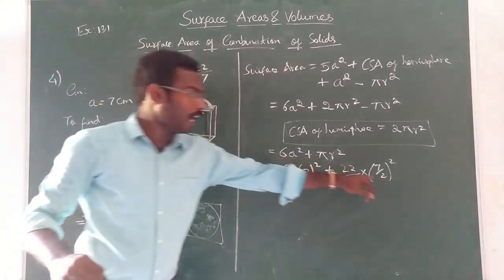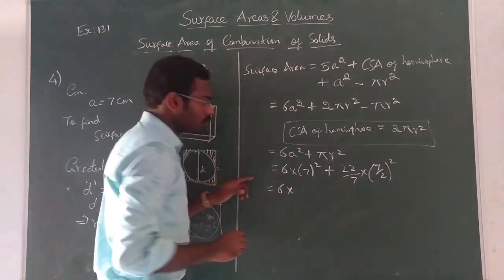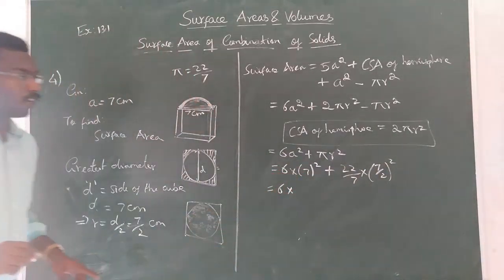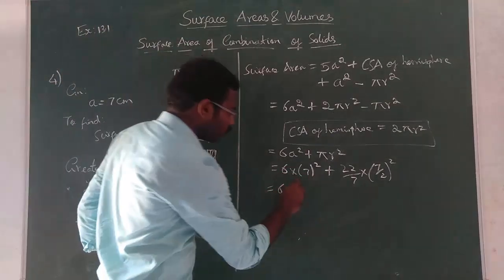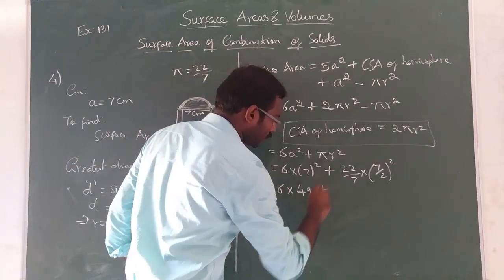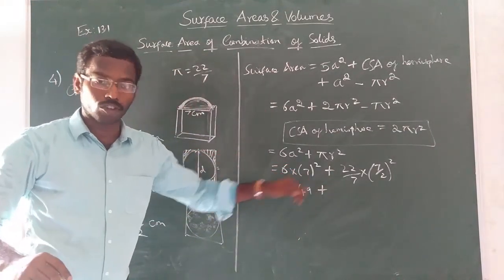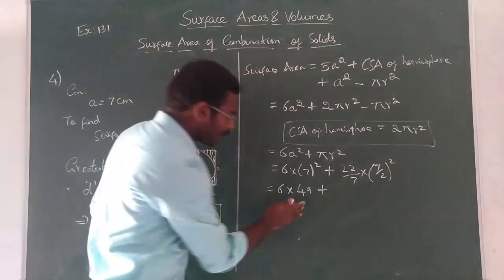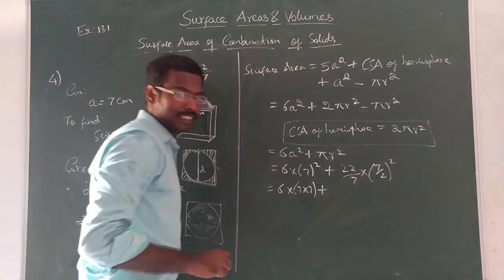So 7 by 2 the whole square. Now that is equal to 6 into a is how much? a is 7 square. So 49. Understood or not? a is 49. 7 square, 7 into 7. So 49. If you want stepwise, you can write 7 into 7. No problem. So 7 square is 7 into 7.